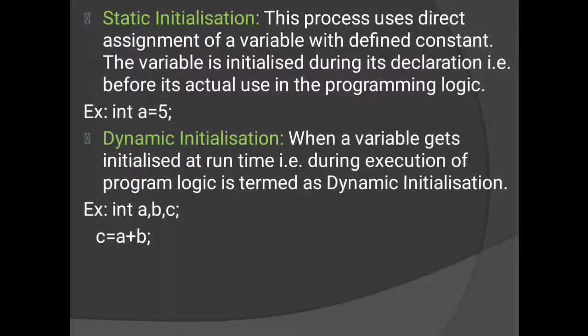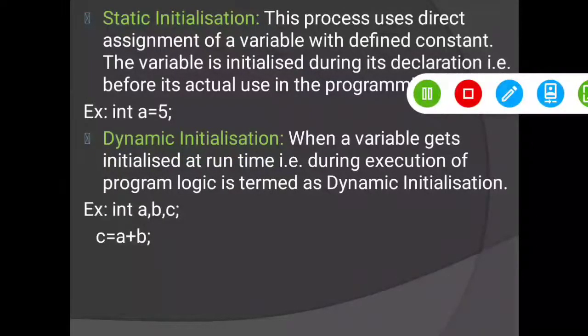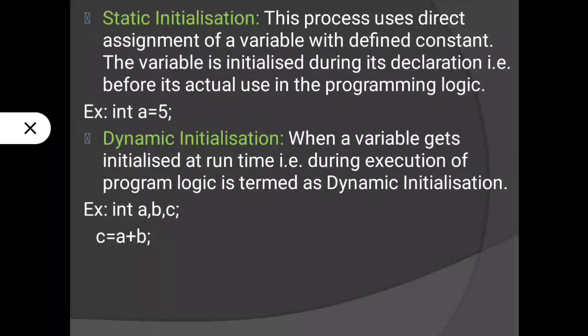For example, int a, b, c is the declaration part of the variable, and when we calculate, we write c equal to a plus b. If we need the addition of a and b, and we need to store it in c, then we write c equal to a plus b. Yes or no? This initialization is called dynamic initialization. Then next we will proceed.